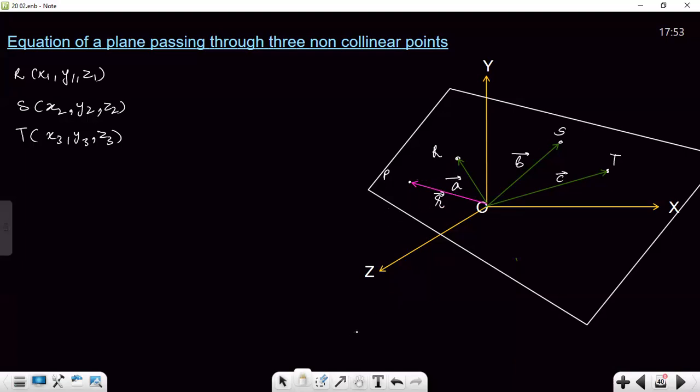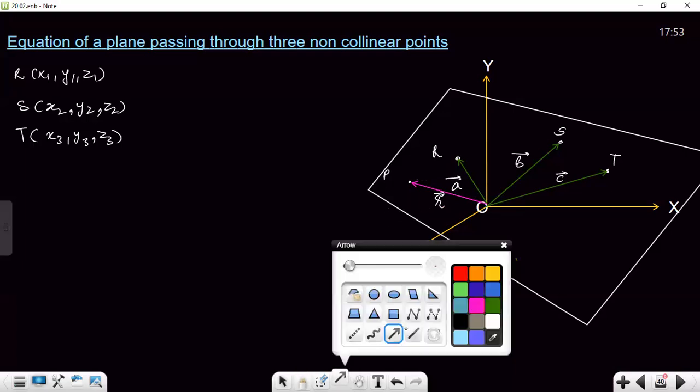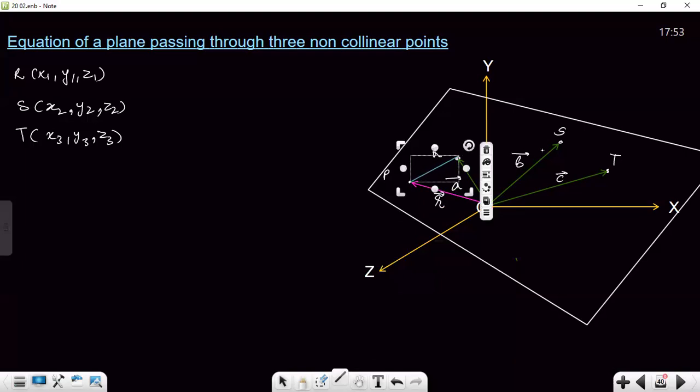Now let me join all these points: PR, SR, ST.